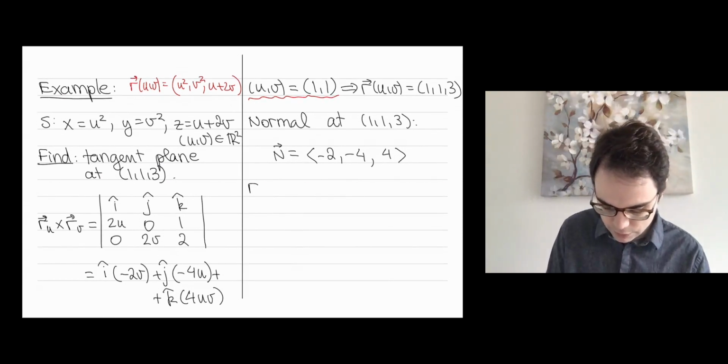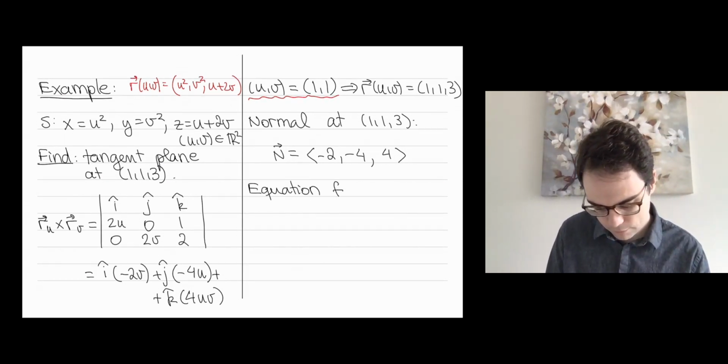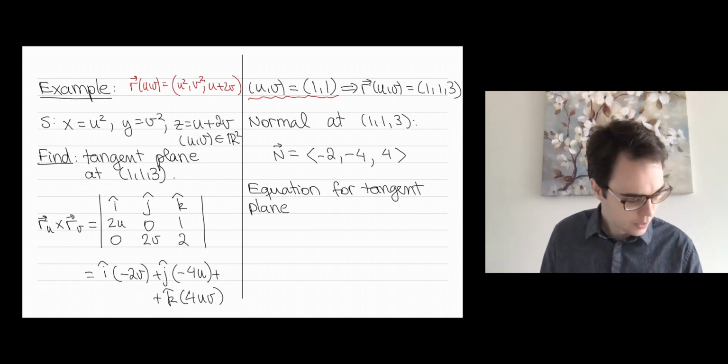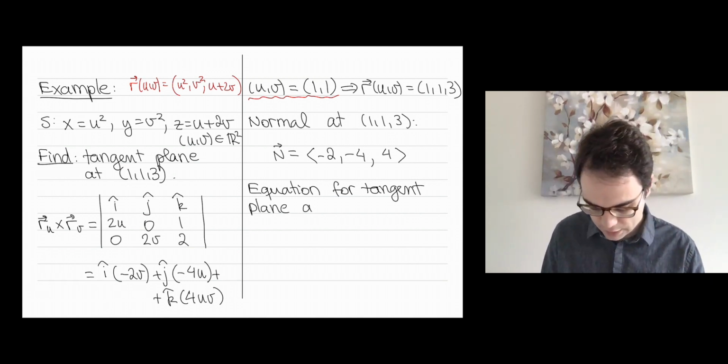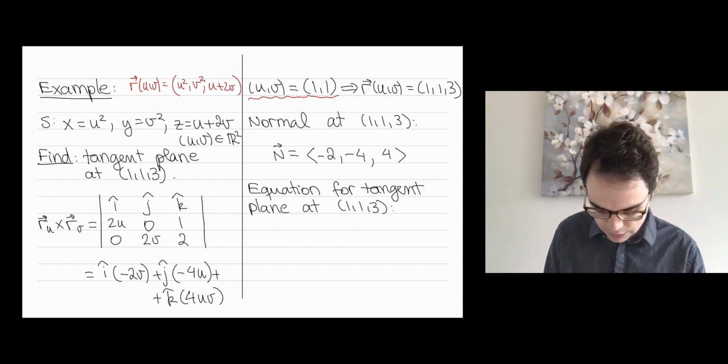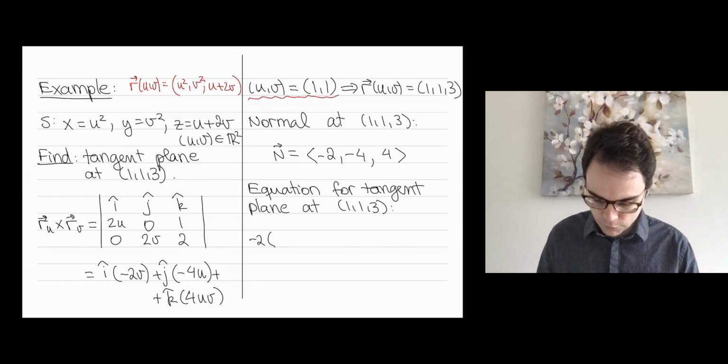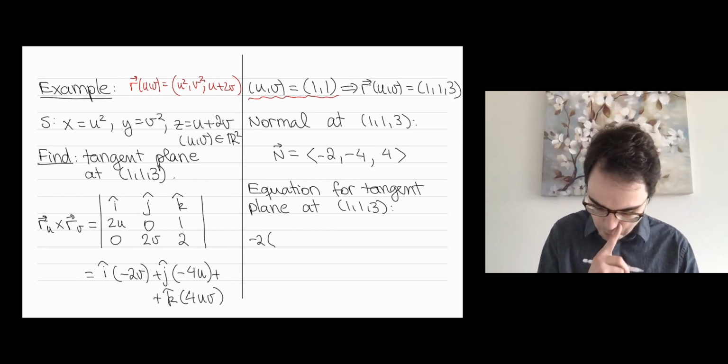So now the equation for the tangent plane at the point 1, 1, 3.